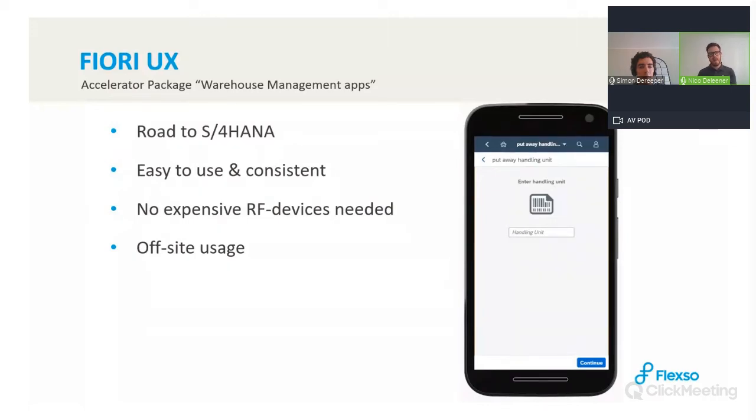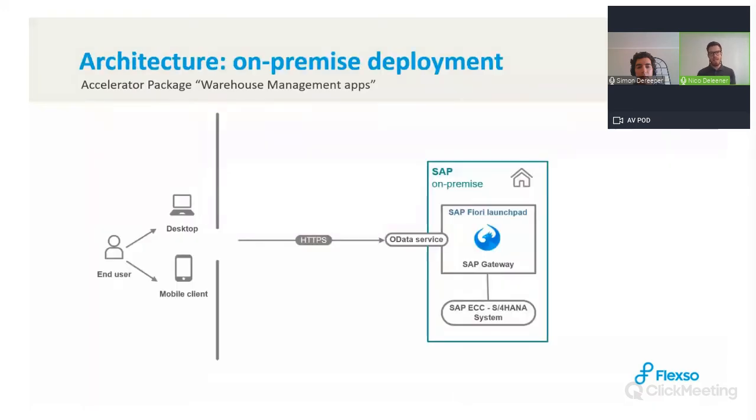SAP has a lot of best practices and a lot of time spent on design principles in Fiori, so leverage that. And on top, what we leverage with the accelerator package is the expertise that we have from all the different projects, and we always look at how we can further optimize it so that we have the best UX for this.